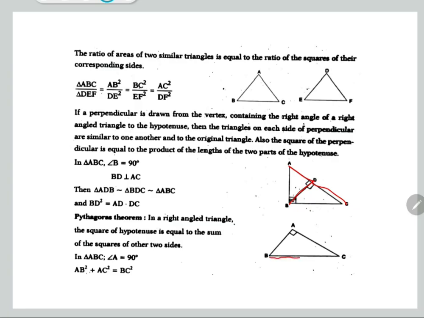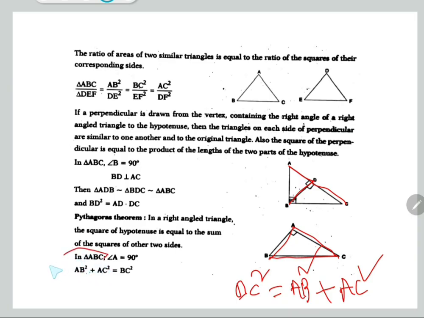That means BC is the hypotenuse because it's the biggest side of a right angle triangle, and BC square is equal to the sum of the other two sides, AB square plus AC square. So in a right angle triangle ABC, angle A is 90 degrees, then AB square plus AC square is equal to BC square.